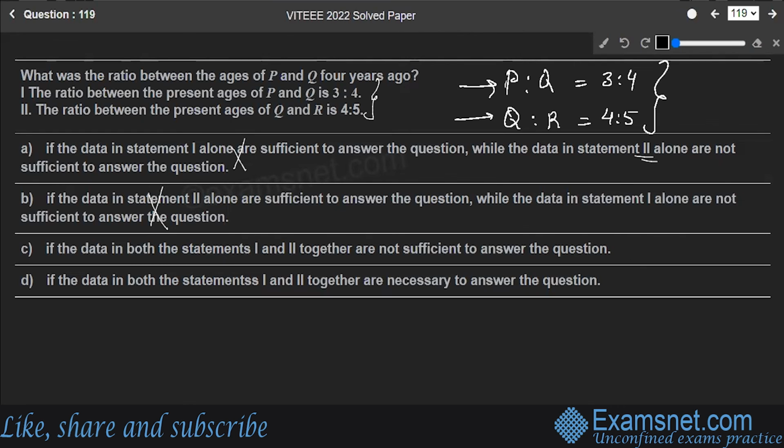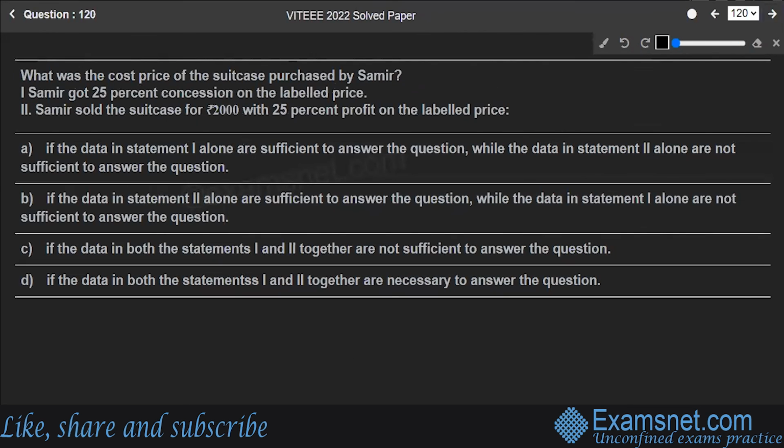Okay. So probably this is the correct one. Let's go for the last one also. If the data in both statements 1 and 2 together are necessary to answer the question, actually, again, this is the same thing. We are having three variables over here and two conditions cannot answer the question. Okay. That makes option C to be the correct answer. Hope you understood this. Next is question number 120.